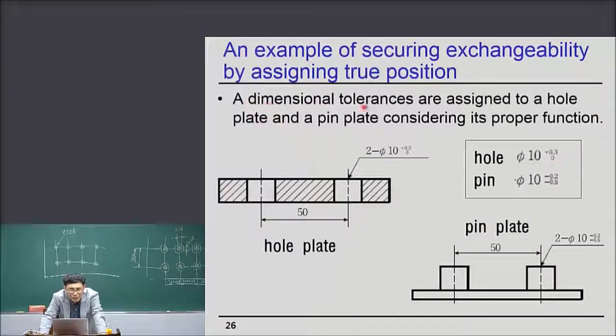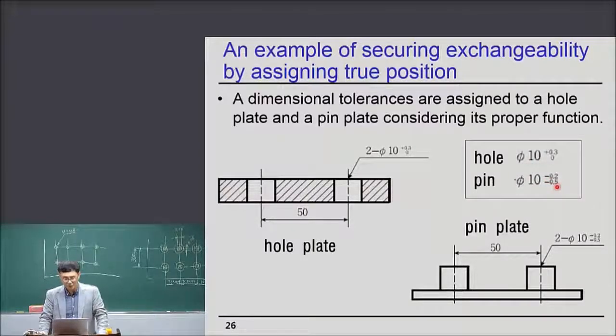So dimensional tolerances are assigned to a hole plate and pin plate, considering their proper function. The nominal dimension is 10 millimeter, and the hole is usually assigned larger than the nominal dimension. So the hole's upper limit is 0.3 millimeter and lower limit is 0. And the pin is usually smaller than the nominal size of 10 millimeter, so minus 0.2 and minus 0.5 millimeters.